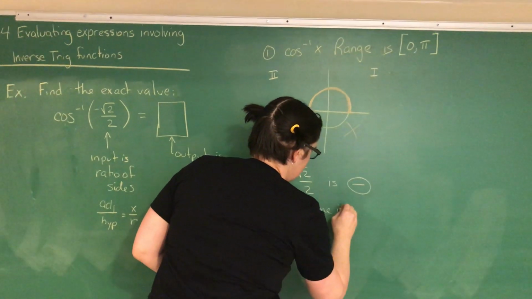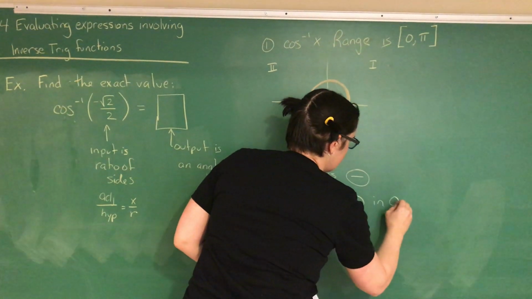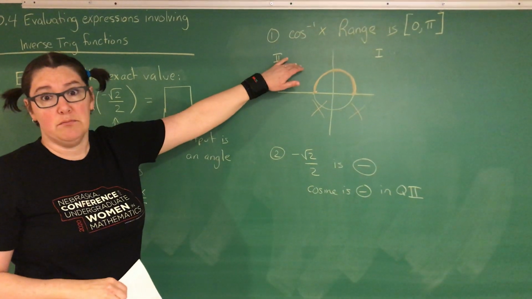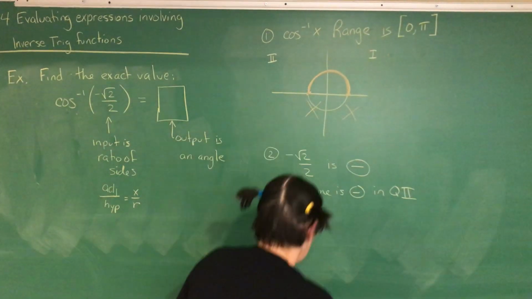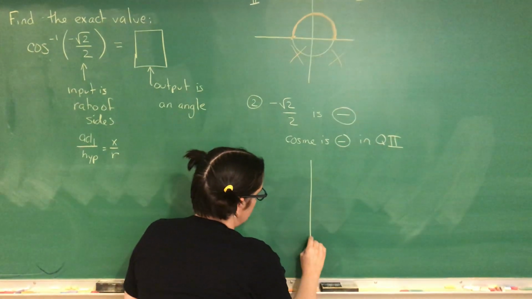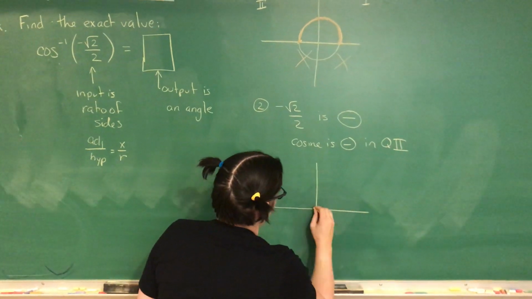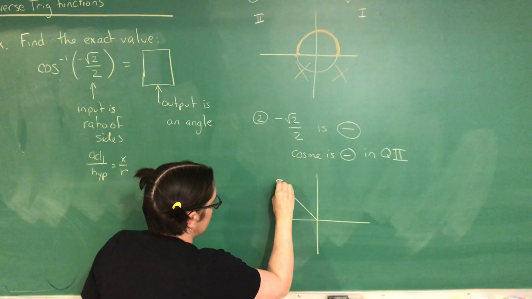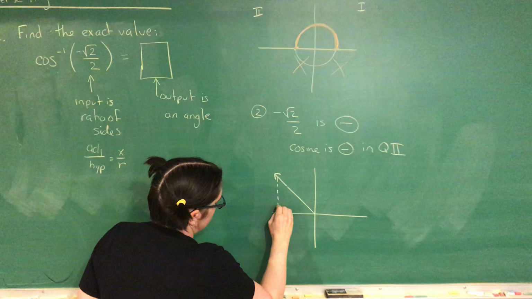So cosine is negative in quadrant 2, so that tells me that my angle is going to live in quadrant 2. Okay, so now I'm ready to draw this angle. The angle is going to live in quadrant 2, and so I'm going to draw my reference triangle.